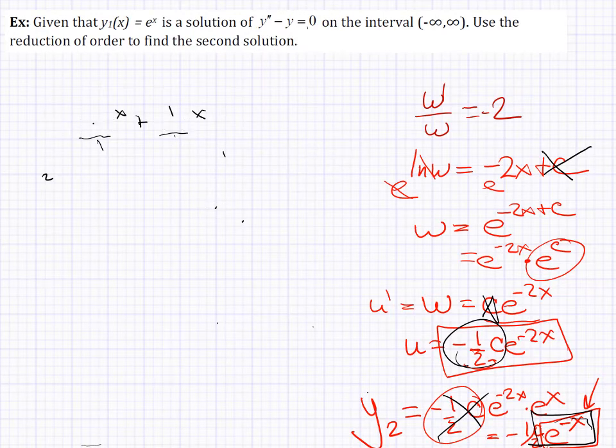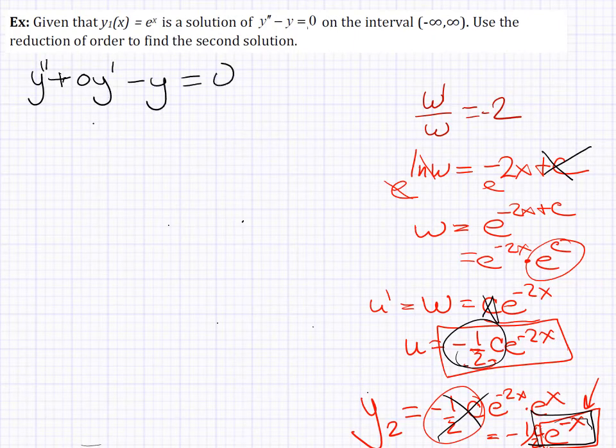And so you want the leading coefficient to be a 1, in which case we already have that. Then you want to find p of x. So in this y double prime, we could write this plus 0 y prime minus y equals 0. The p of x is in front of the y prime. So in this case, p of x is 0. Right? So it's in standard form. We're missing a y prime, but that means that the coefficient in front of y prime is 0.